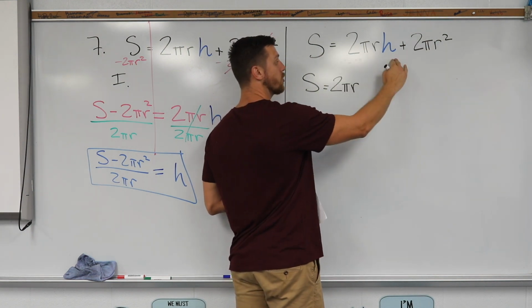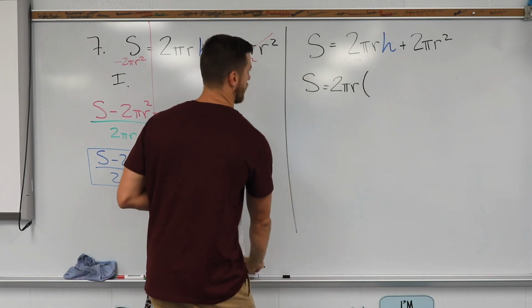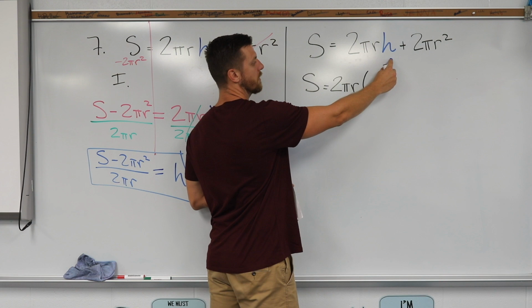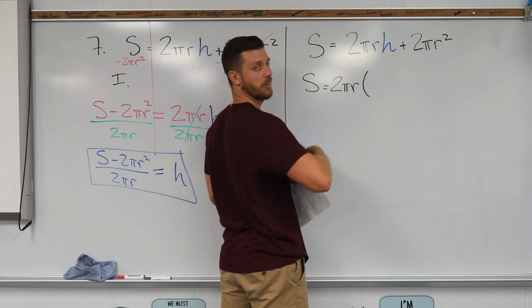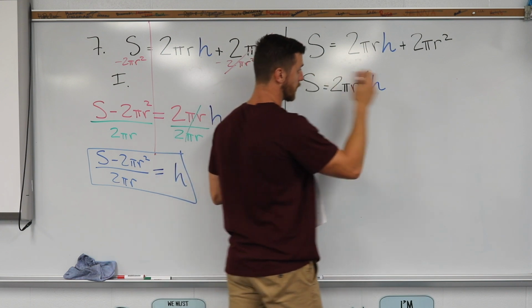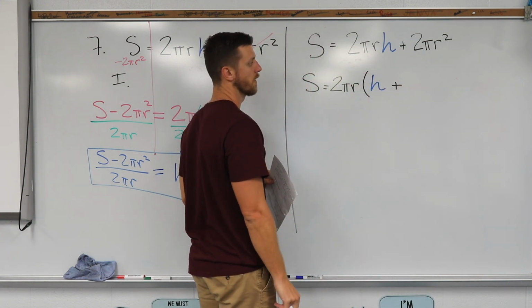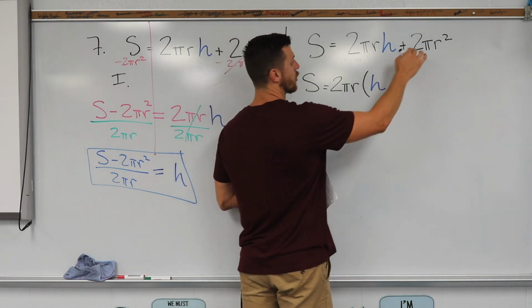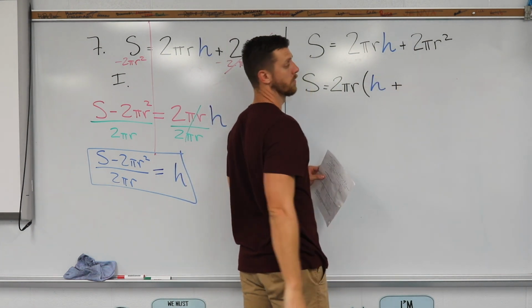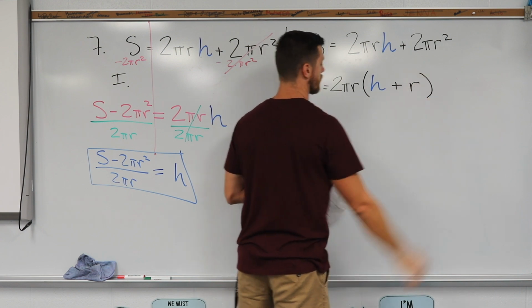When I divide out 2 pi r from this term, I'm just left with h, plus, when I divide out 2 pi r from this term, there is that extra r, so I'm left with just another r.